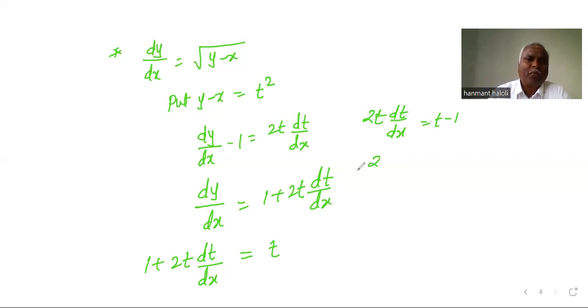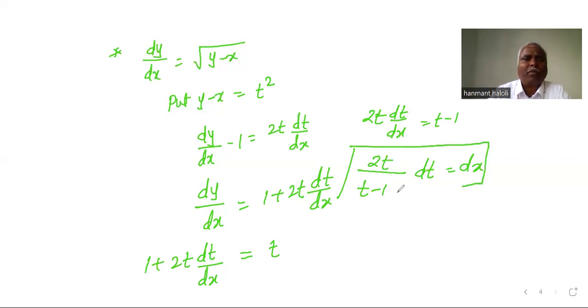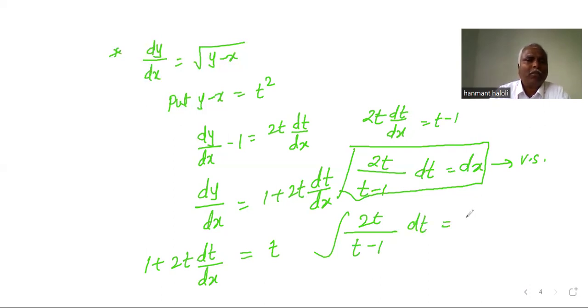2t upon t minus 1 dt equal to dx. And this is variable separable form. And this you can solve by integrating. So integrate 2t upon t minus 1 dt equal to integral dx plus constant of integration.